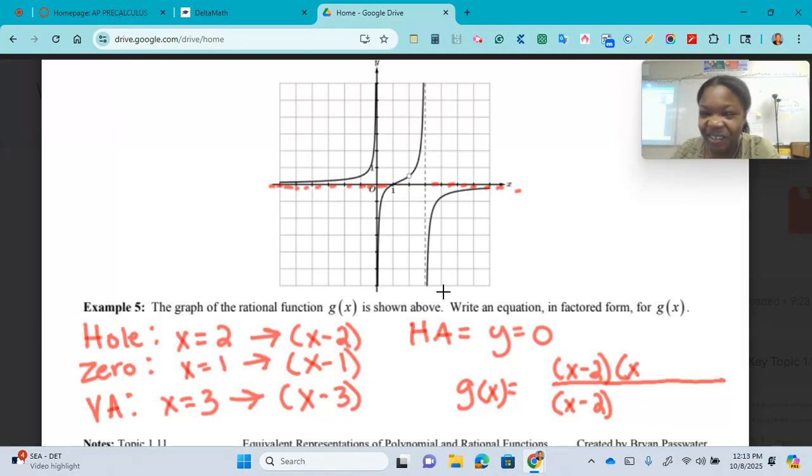I knew it was about to come out, though. We have a vertical asymptote at x equals 3, which would be x minus 3 in the denominator. All right. Because we have a horizontal asymptote at y equals 0, the denominator has a greater degree.